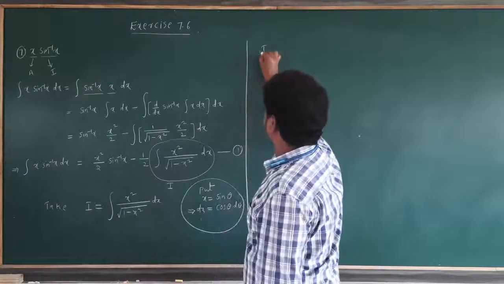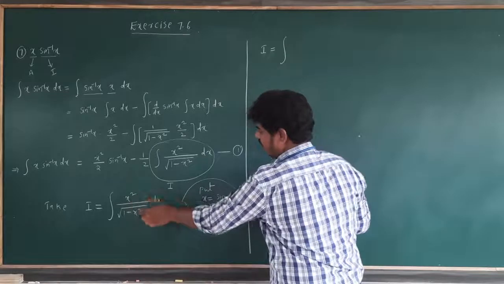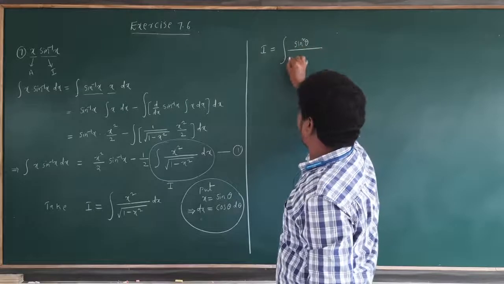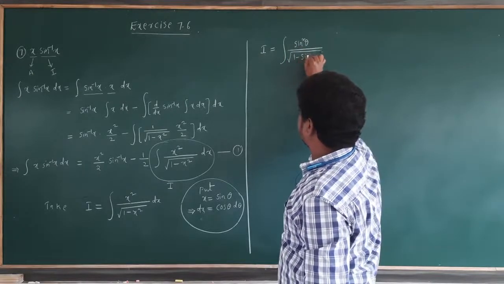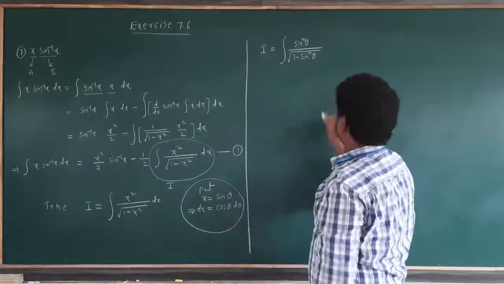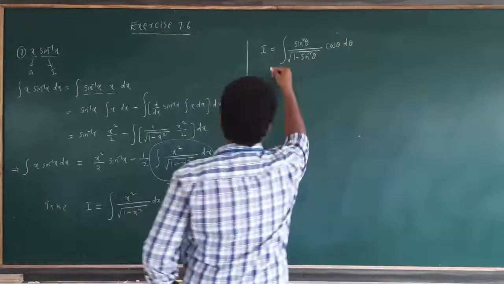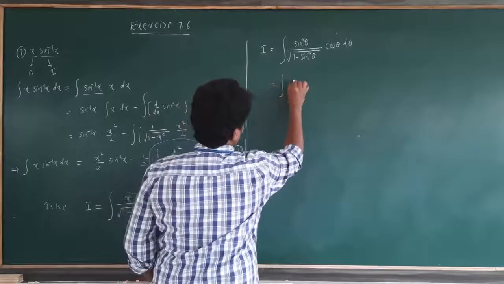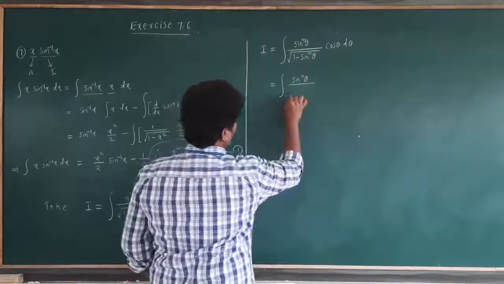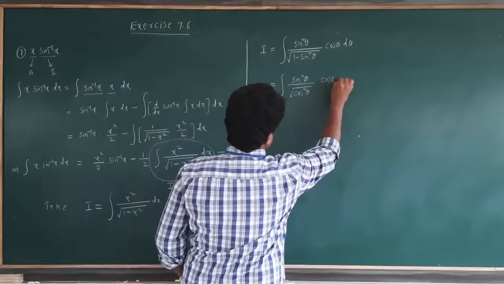I is equal to integral of x, meaning sin theta, so sin square theta divided by root over 1 minus sin square theta, dx. dx means cos theta d theta. Now I is equal to integral of sin square theta divided by root over 1 minus sin square theta, that is root over cos square theta, into cos theta d theta.